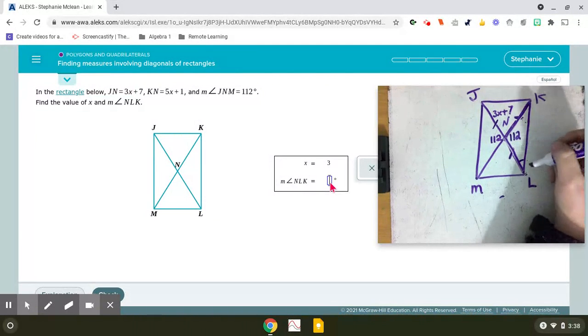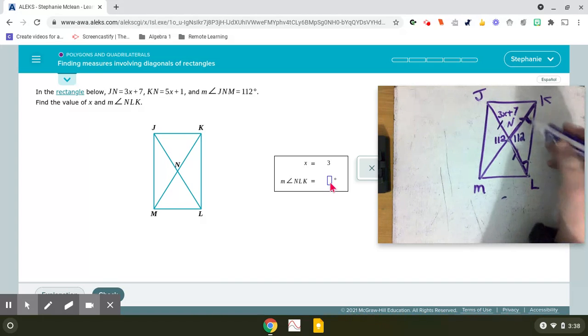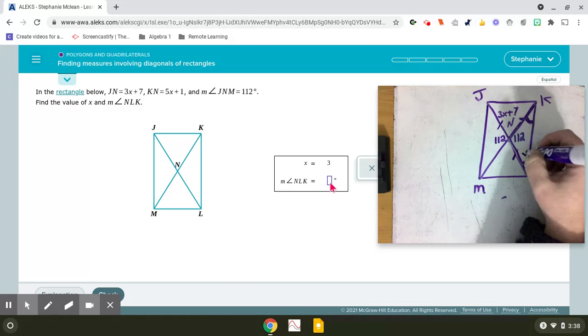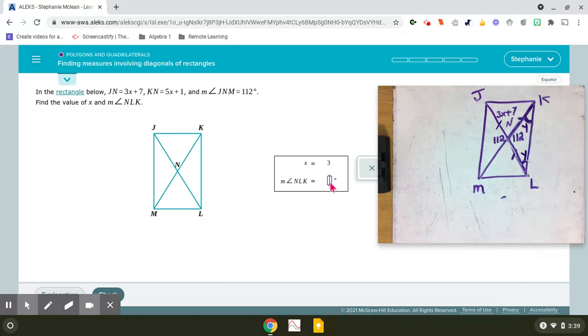In an isosceles triangle, the two base angles are equal. To figure out what those are, I know that all the angle measures in a triangle equal 180. I'm going to let this angle down here equal y, which means that this one over here must also equal y.